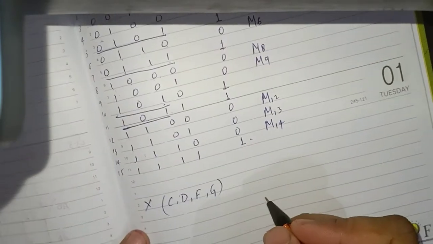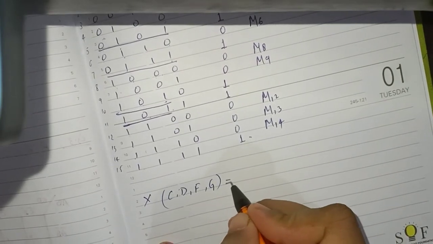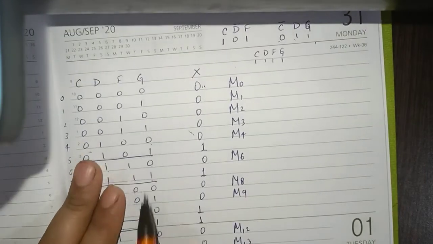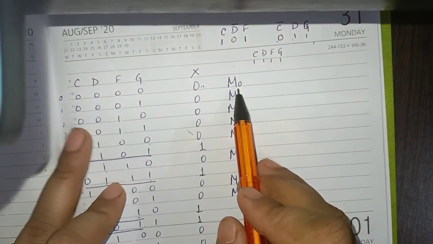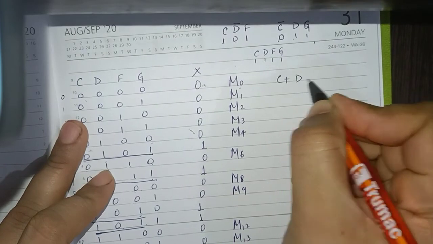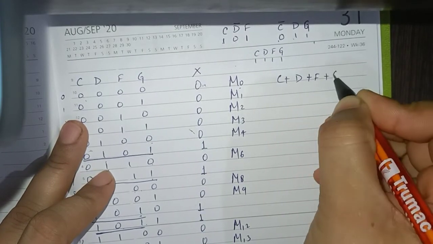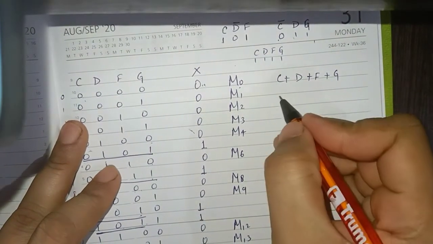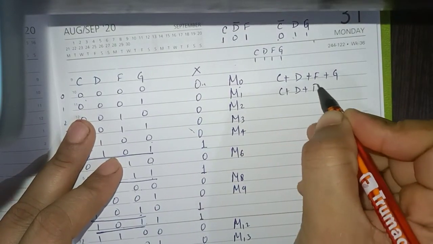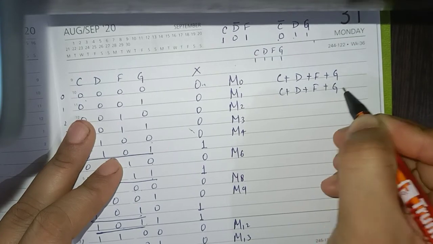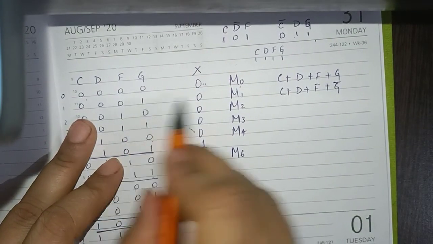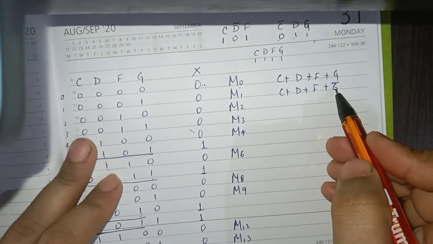Okay, how could we write the expression? You know, here is M0, so you can write the expression of this as C plus D plus F plus G. Okay, same here, C plus D plus F plus G bar, because G value is 1, so we put bar here.